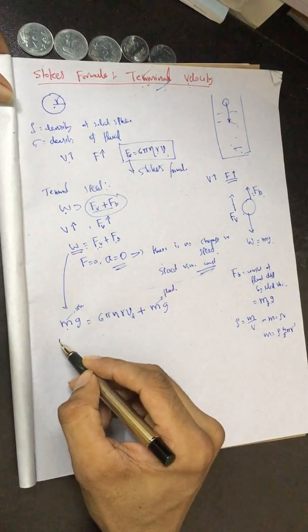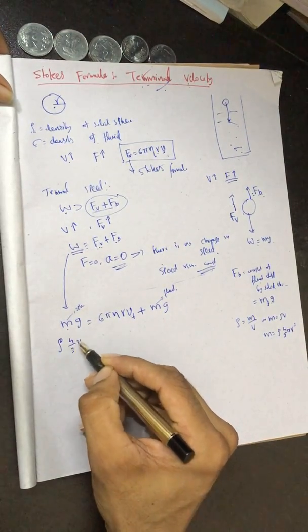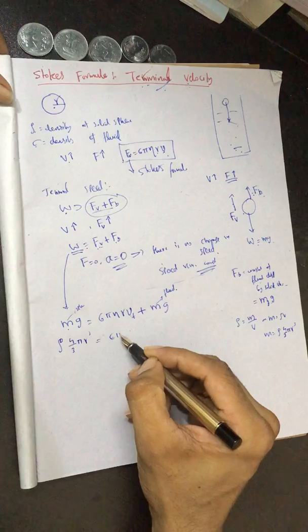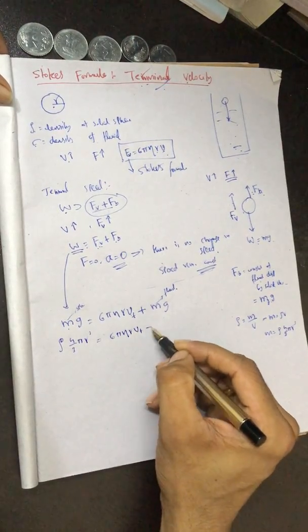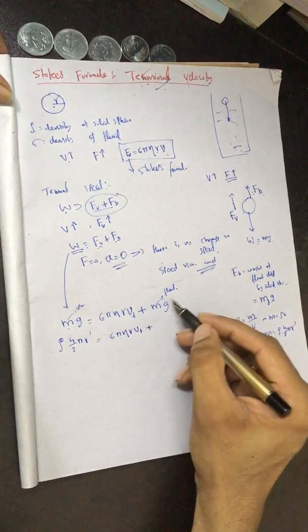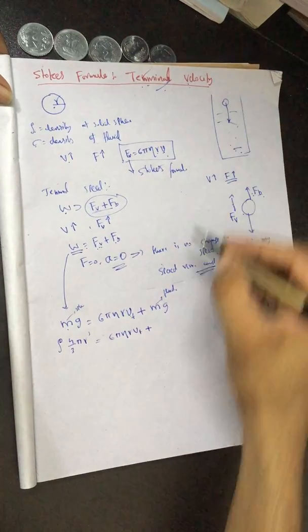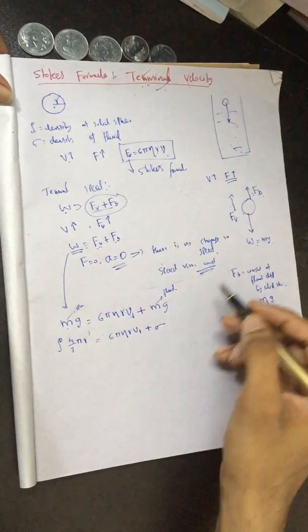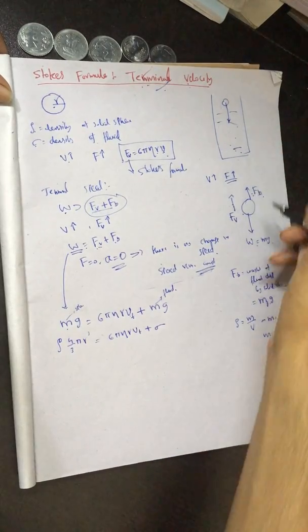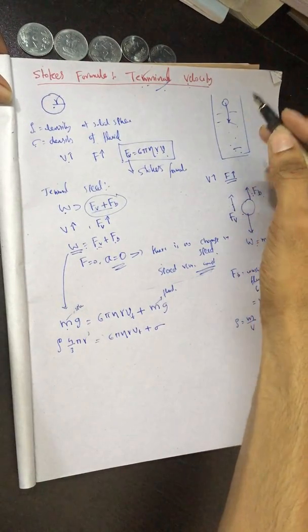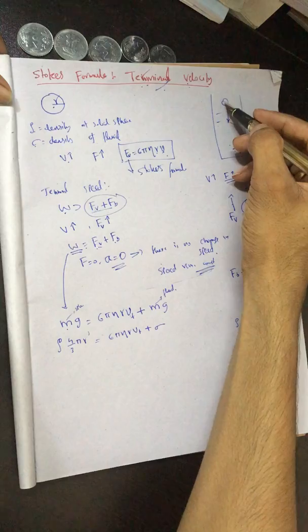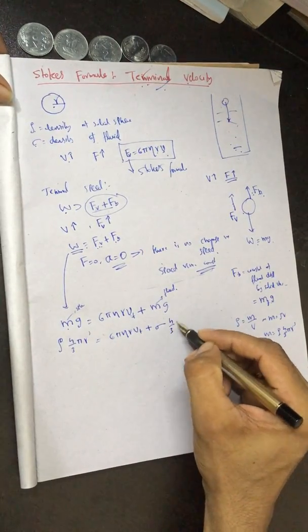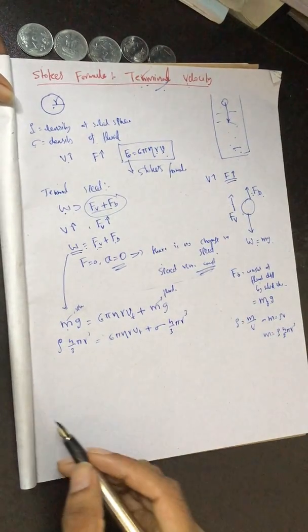So this is rho into 4 by 3 pi r cube, equal to 6 pi neta r Vt plus the mass of the fluid displaced by the solid object, which is the density of the fluid, sigma, into the volume. The volume of the fluid displaced by the object is the volume of the object itself, so that is 4 by 3 pi r cube.